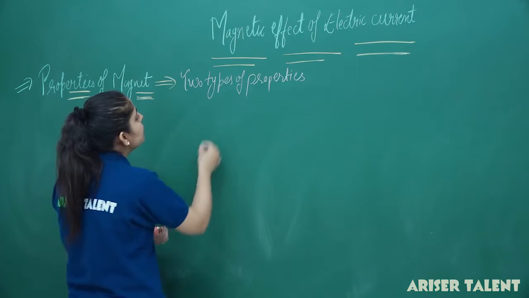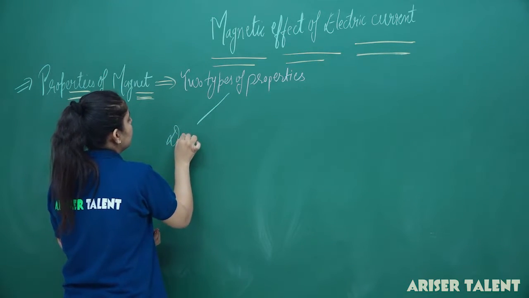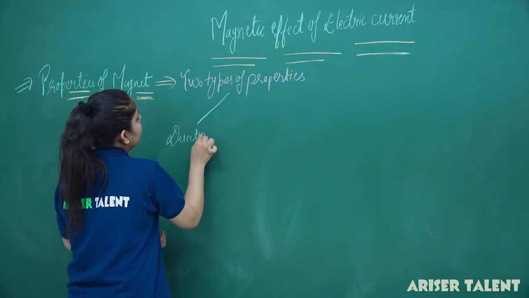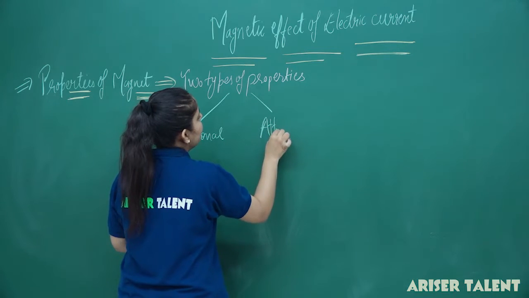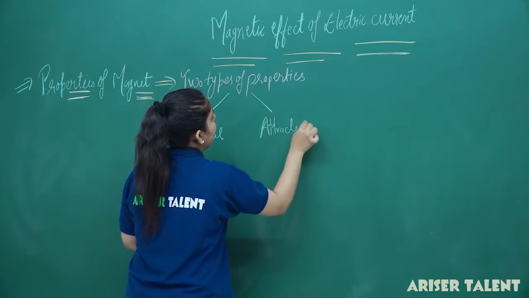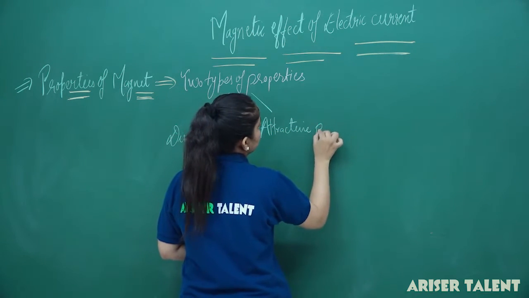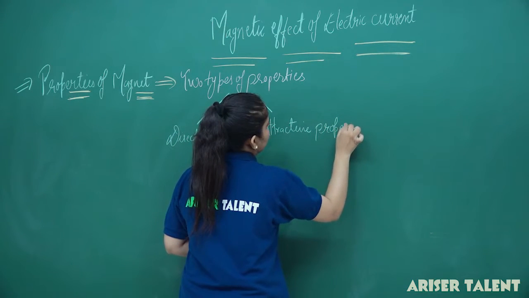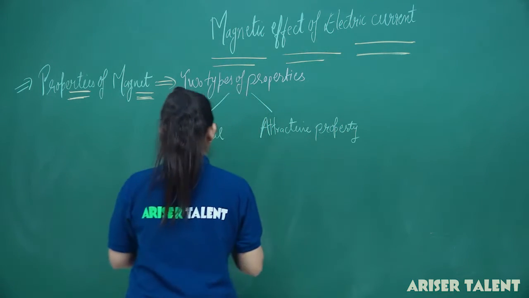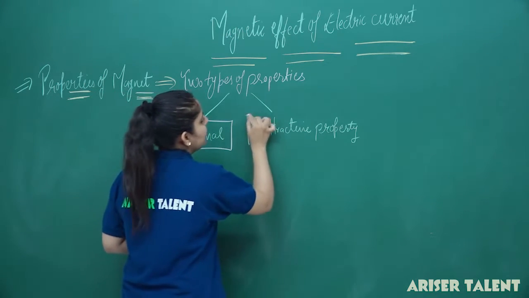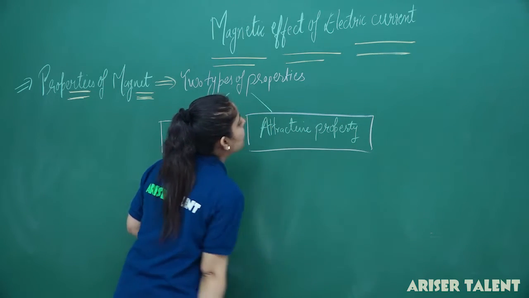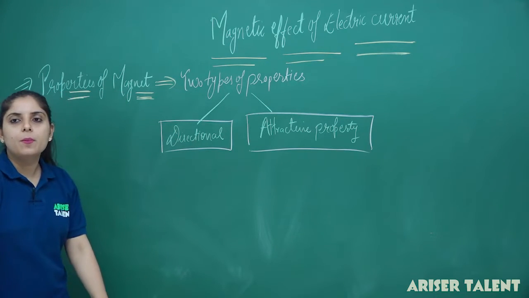So the name of the first property is directional property and the second property we have is attractive property. Now again, the name is specifying what the directional property is.